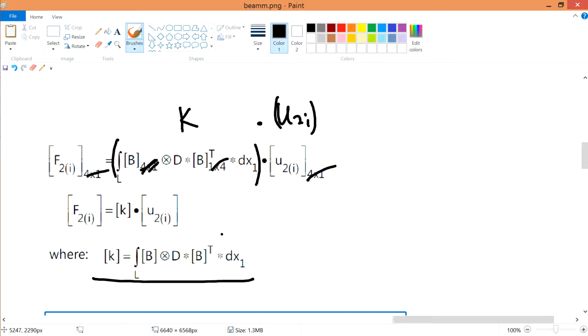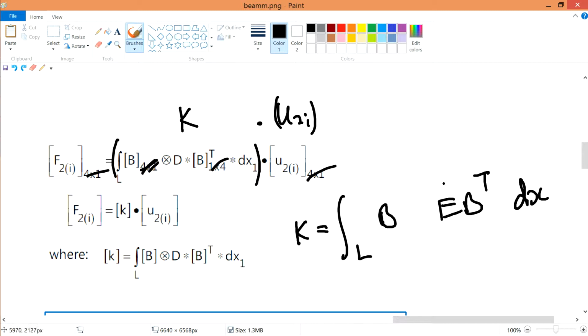This is very different from the one that we showed for the bar. The bar is simply L, like this. To be more strictly speaking, you should also write in terms of a dyadic. The reason is because for your B, like BT, your T is outside. Outside means it's the outer. Outer means it's a dyadic, and therefore you need to tell the person that this is the outer product.